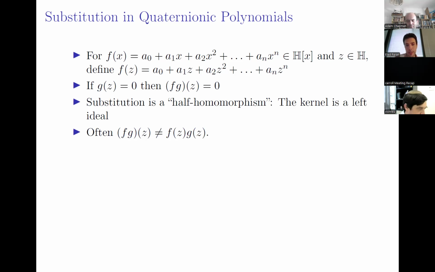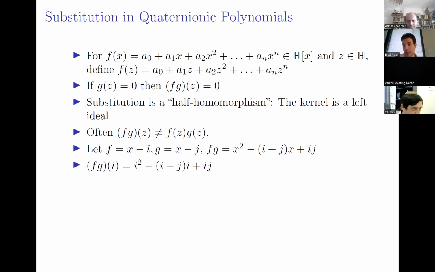So for example, if you consider x minus i and x minus j, and you multiply them, you get this polynomial, and then you try to plug in i. Well, visually you might think this should vanish, but no, if you plug in i, you just get minus minus k plus k, so you get 2k, which is not zero.